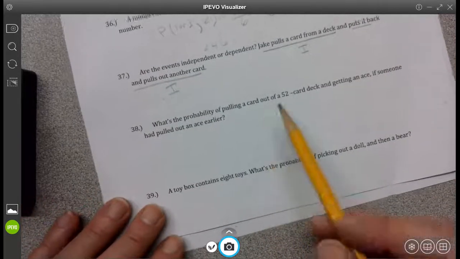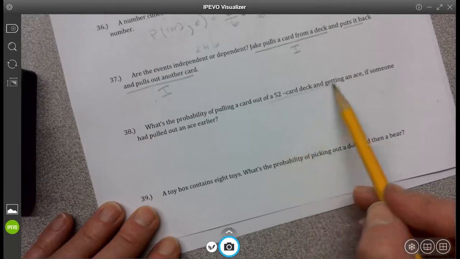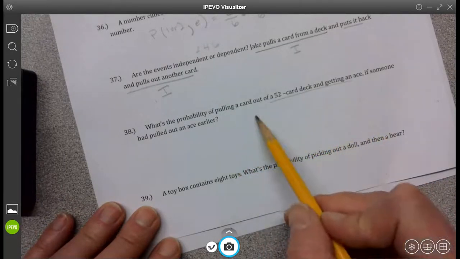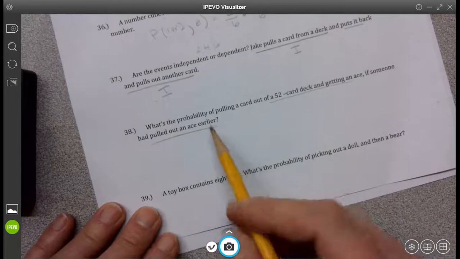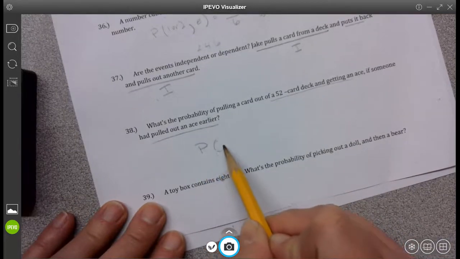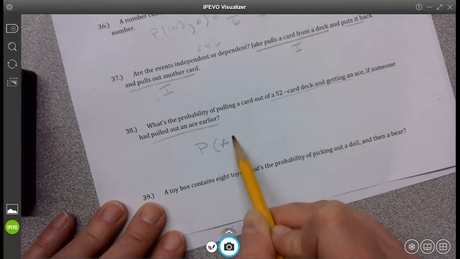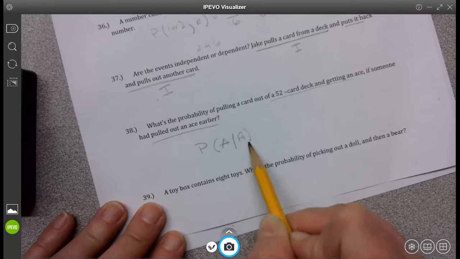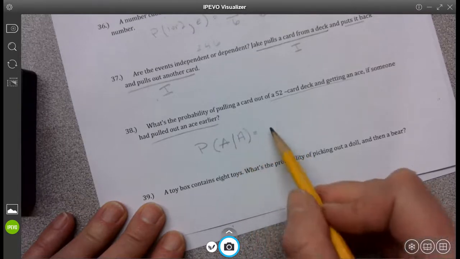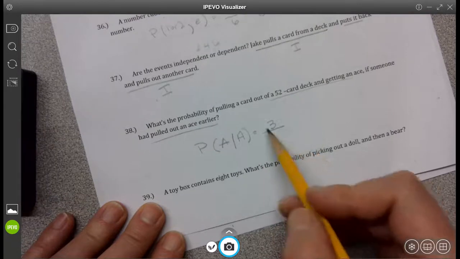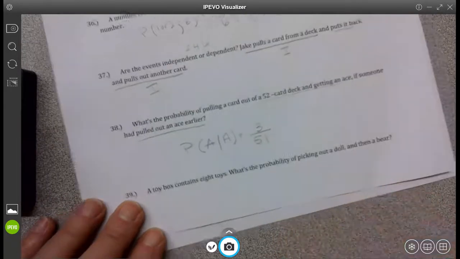What's the probability of pulling out of a 52 card deck and getting an ace if someone had pulled out an ace earlier? So what's the probability of getting an ace given that an ace was pulled? So I used to have 4, but now I have 3 aces. I used to have 52, and now I have 51.